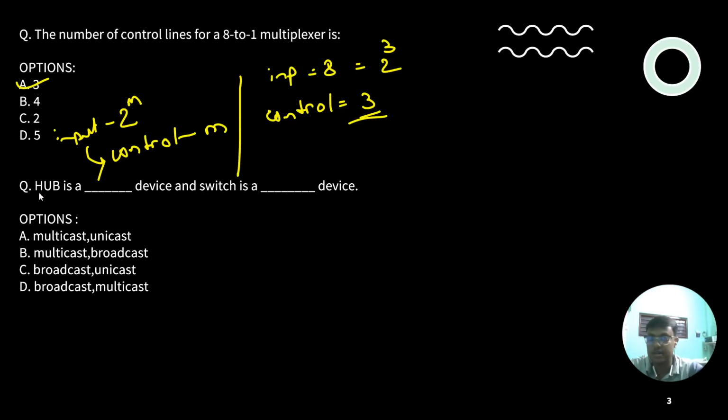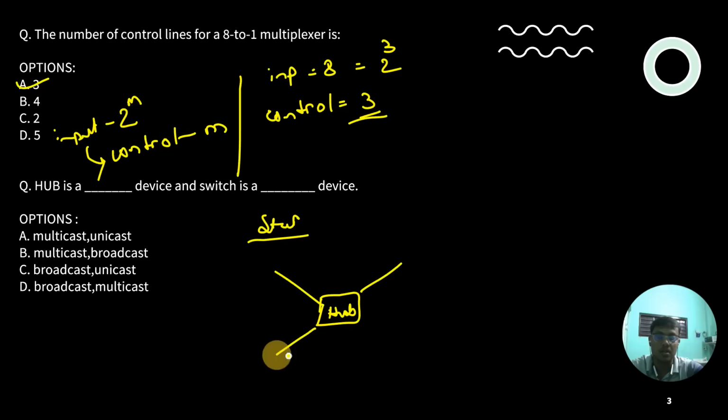Next, there is a fill in the blanks question. Hub is a dash device and switch is a dash device. So the options are multicast and broadcast for hub. So as you know, hub is a broadcast device. If you could take the example of the star topology, you could see that this was the central hub and it was connected with all the systems.